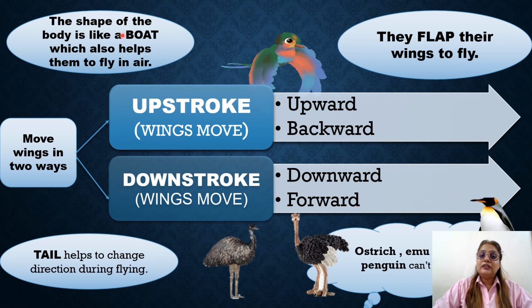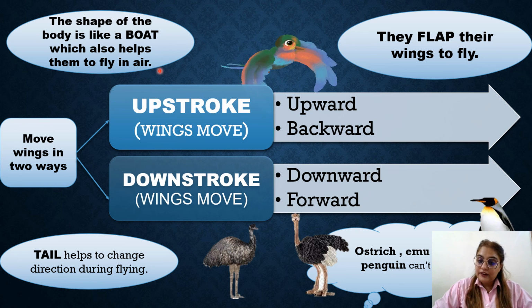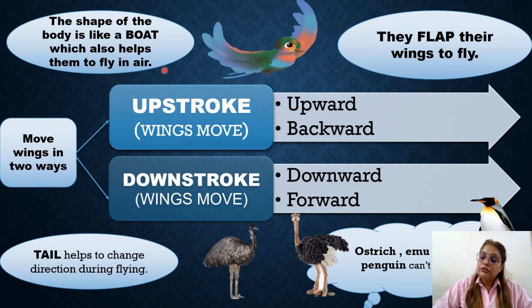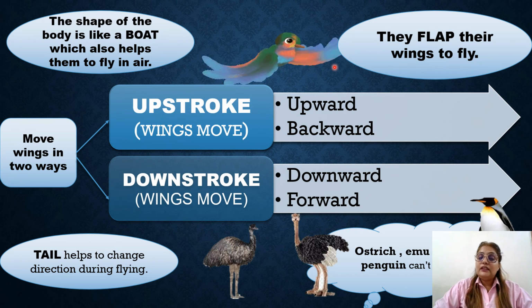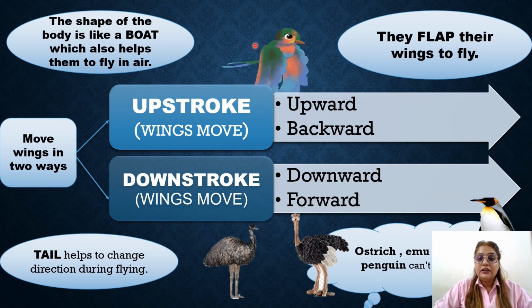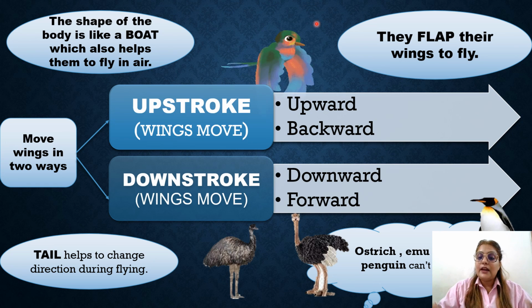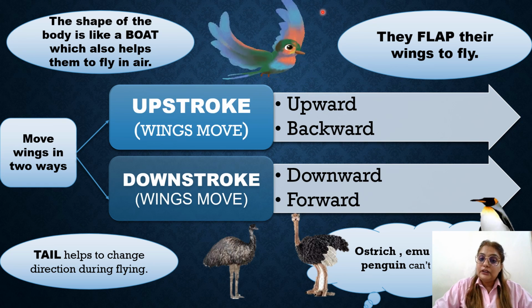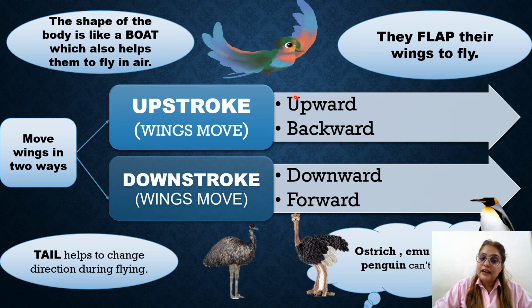Yes, so the shape of the body is like a boat, which also helps them to fly in air. Because of this shape only, they are able to fly in air. And when they flap their wings, they fly. Now the bird is flapping the wings. Flapping means up and down movement. This is the reason why it can fly.